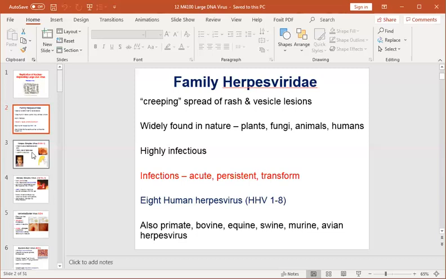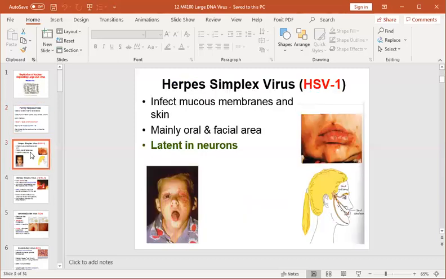Moving to slide number 3, herpes simplex virus, or HSV1, infects mucous membranes and skin. It mainly causes infections in the oral and facial area, but the virus remains latent in neurons.